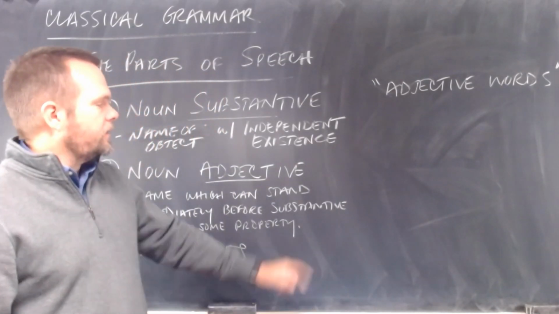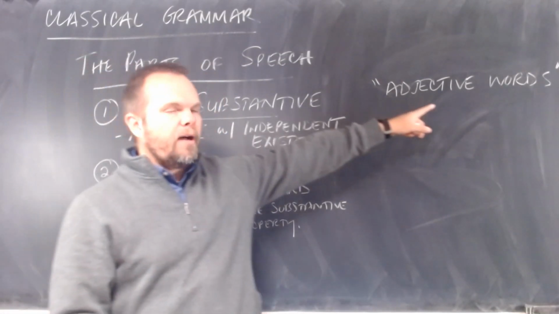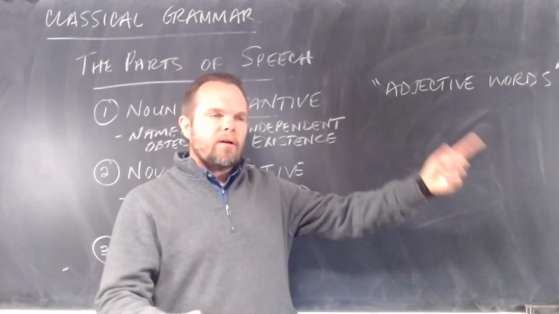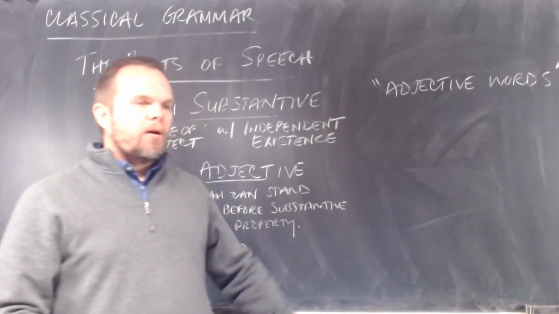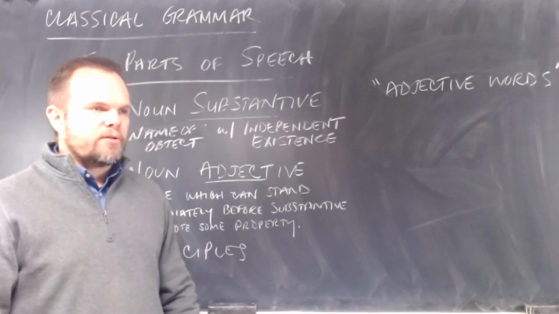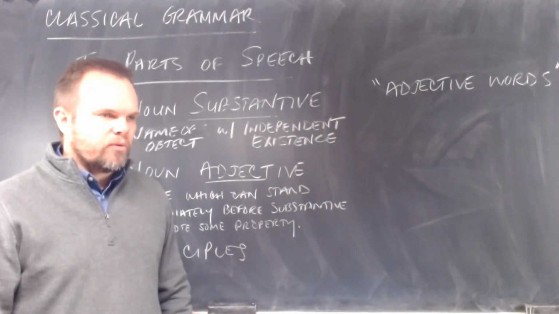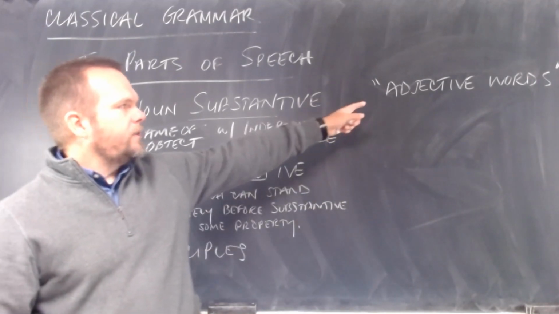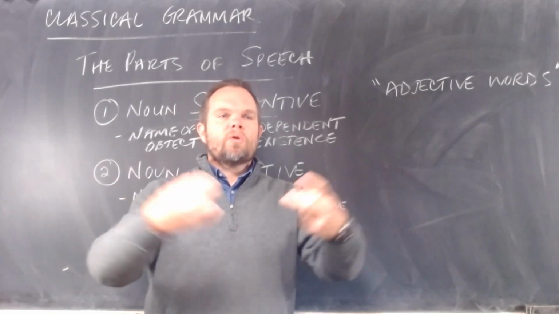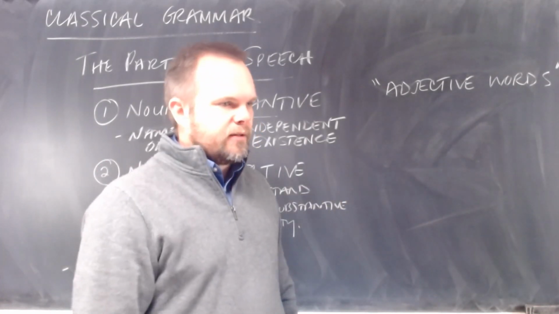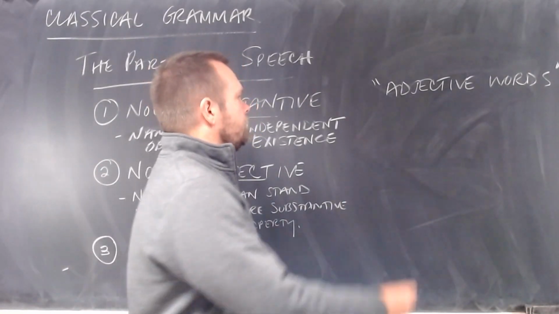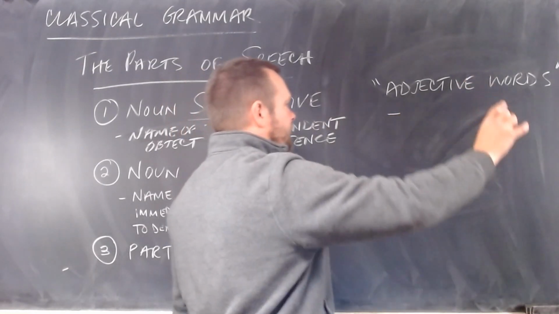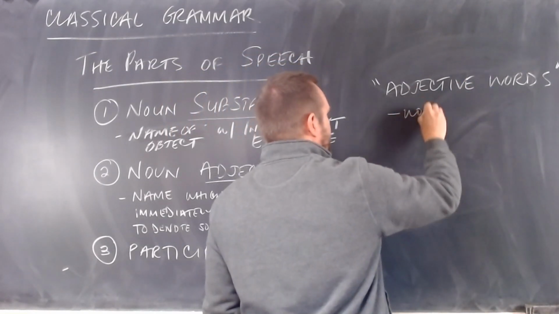Okay? Noun adjectives are one kind of adjective word, but there are other kinds of adjective words. Pronouns are adjective words. Participles are adjective words. Adjective words are words that are joined to noun substantives. These are not a separate part of speech. It's a class of words.